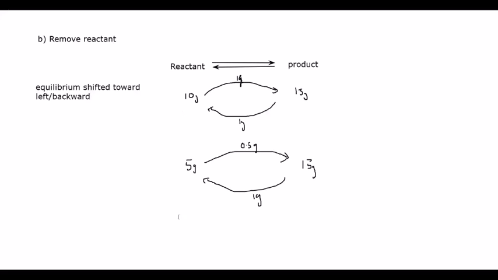But as you reduce the amount of reactant, the forward reaction is slower and the backward is faster. That's why you say equilibrium is shifted towards the left-hand side, because that side is faster. That's the shifting of equilibrium.